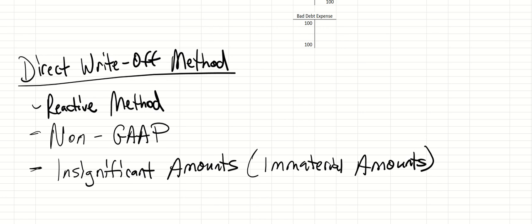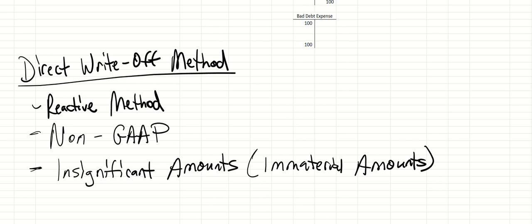So you want to make sure you're not putting a dent in the financial records, which is why when it comes to using this direct write-off method, you want to make sure that you're not using it on amounts that are large, because if you do, then that could misrepresent a company's financial position in their books. It can misrepresent how the company is performing.